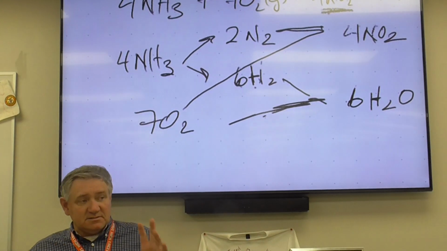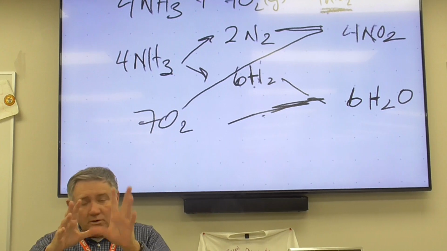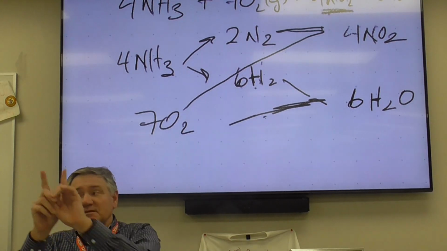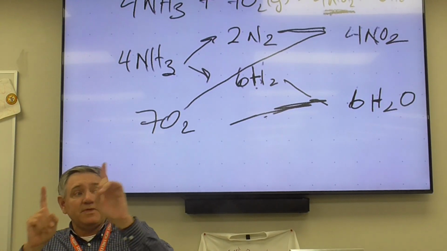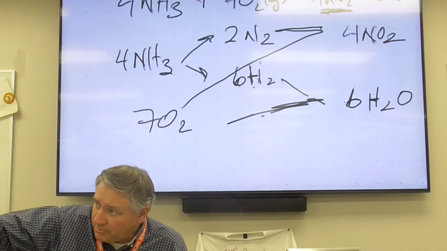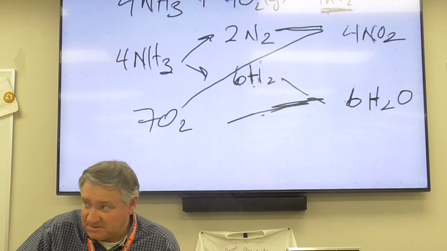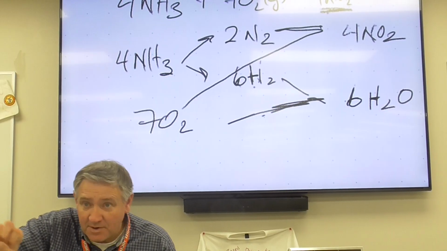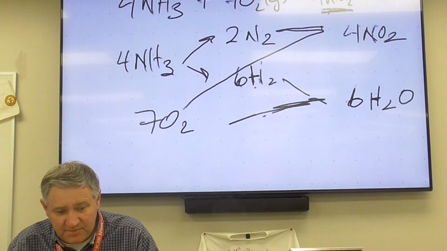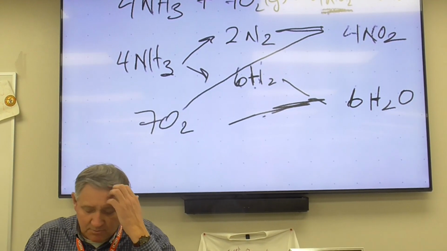So here's the process. The first thing I did is I deconstructed the reactants into their elemental forms. Then I'm going to take the elemental forms and recombine them to get my products of NO2 and water. Okay? Got the process. I'm going to break them apart and then I'm going to recombine them. Got the visual. So now I've got my NO2s, and then I've got my water. So we're off to the races.